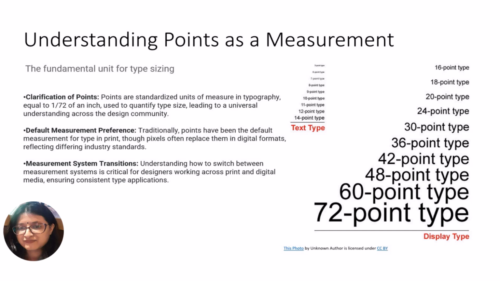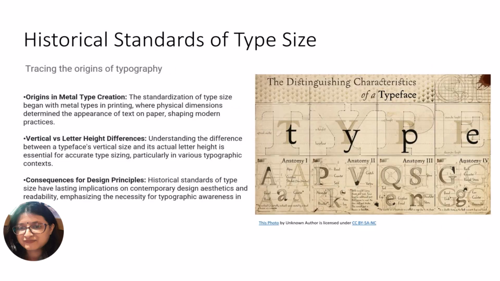ensuring consistent type application. As we venture into the historical evolution of type size standards, it's essential to recognize the foundational origin in metal typesetting, where sizes were linked to physical adaptability in the printing process. We will explore the distinction between vertical size and letter height, which is often misunderstood yet vital for appropriate typographic application.